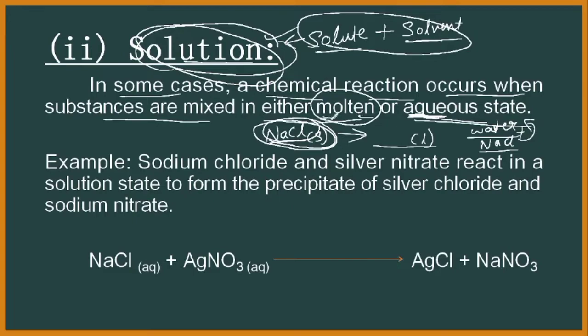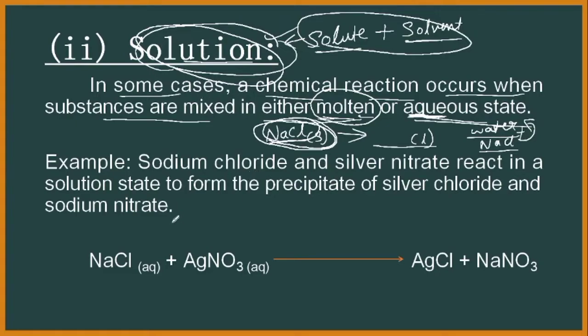So molten means the change in state from solid to liquid on heating. Aqueous state is where the salt is dissolved in the solvent. We call it a solution. Now, in the molten state or in the solution state, reaction occurs.